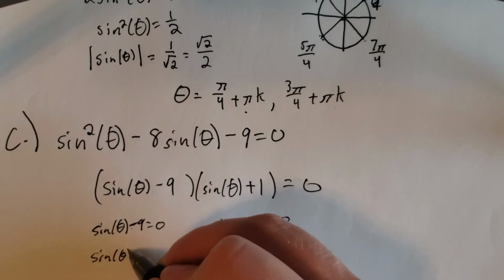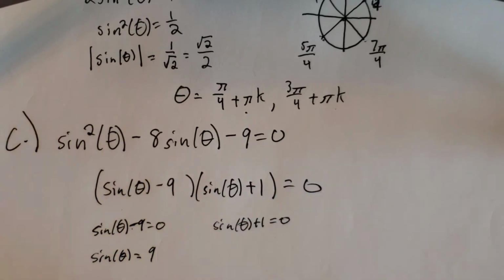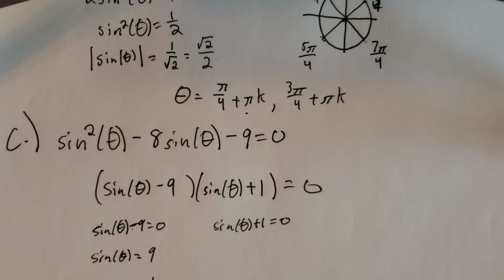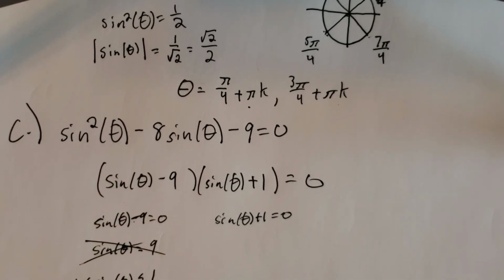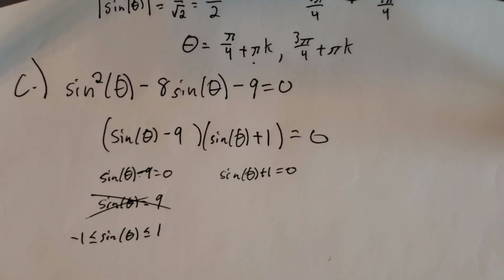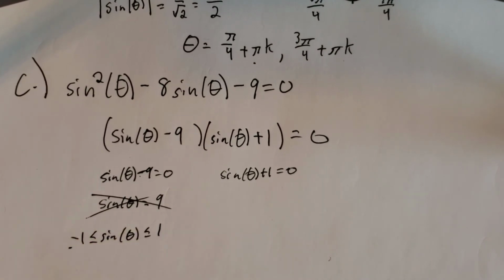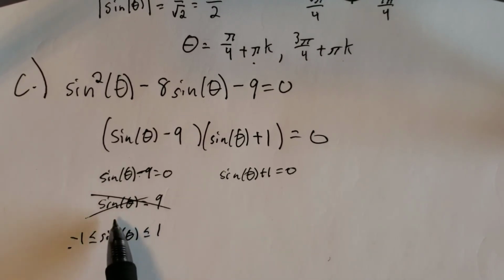The left one implies that sine of theta is 9, except sine of theta is always between negative 1 and 1, so this is not a solution. So again, sine of theta is between negative 1 and positive 1, always. So sine of theta equal to 9 has no solution.